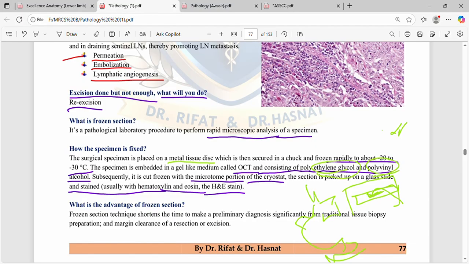Then we cut it with the microtome into very thin slices, and then we see it under the microscope. These were the steps.